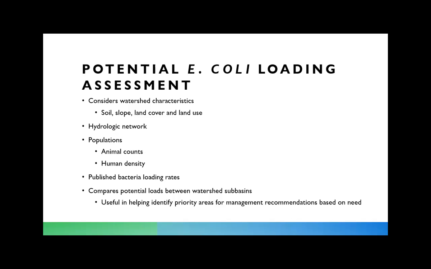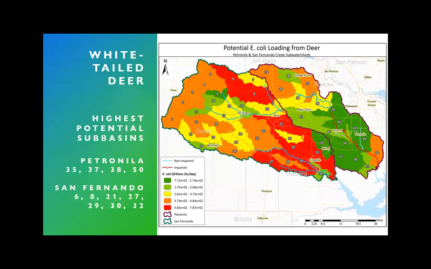It tries to say, if the maximum bacteria loading from each of these sources is this amount, where do we need to focus our efforts?